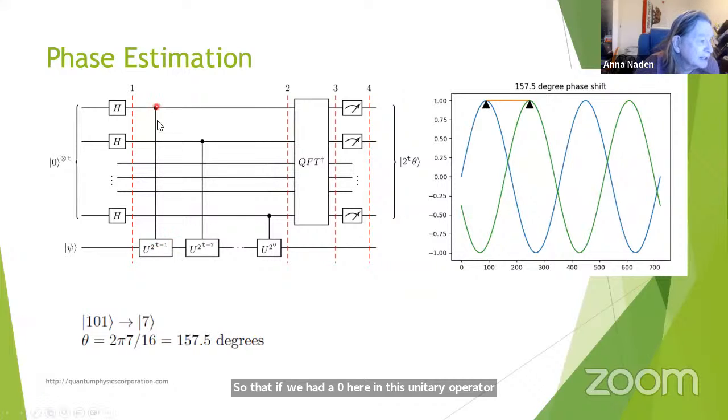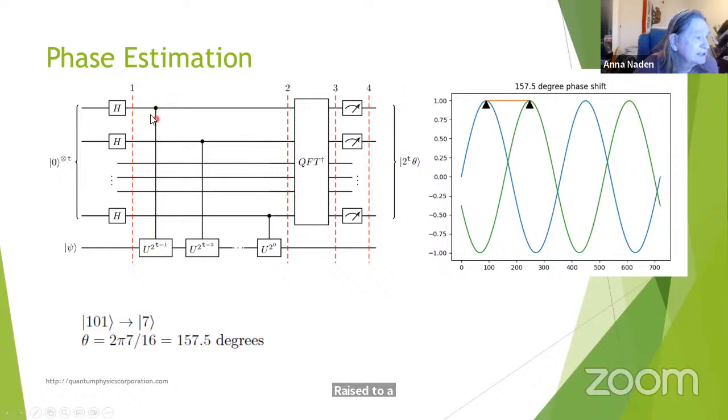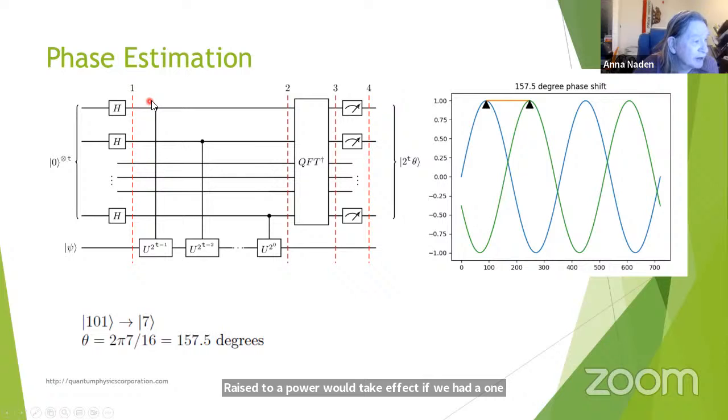If we had a 1 here, the unitary operator, which is multiplying by a raised to a power, would take effect. Now, with the Hadamard gate, we've got a superposition of 0 and 1. So we actually get a combination of 2 scenarios, one where the gate runs and one where the gate doesn't run. So this is the circuit.